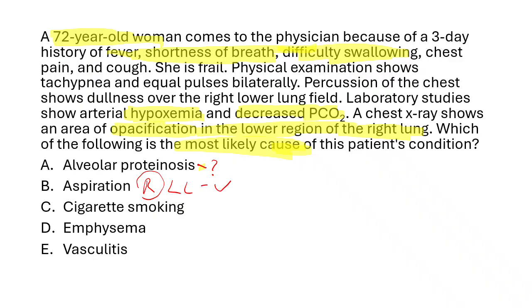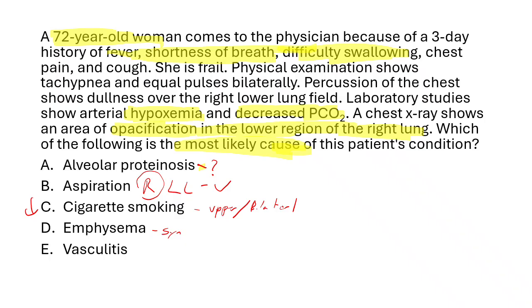C, cigarette smoking. When I think of smoke, I think of it damaging both sides, probably the upper lobes, and I'd say bilateral. So I don't love smoking. I'm putting a down arrow next to that. D, emphysema, that seems like a systemic thing.